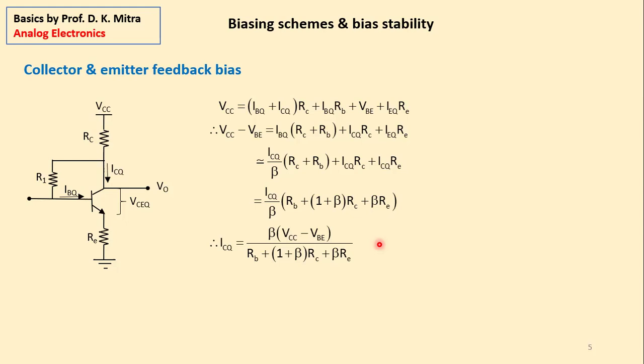Now, once again, as I said, I repeat, the most common biasing technique that we use is the self biasing or potential divider biasing. In our last lesson, we learned why we do biasing and what the value of ICQ should be where you do the biasing. And in today's lesson, we have learned what the value of ICQ is in various configurations.